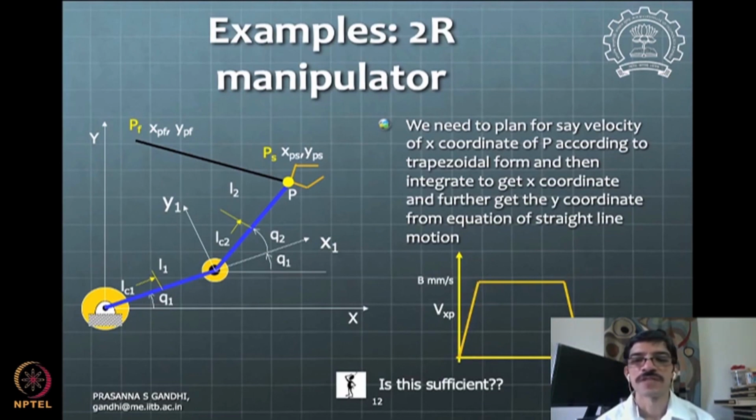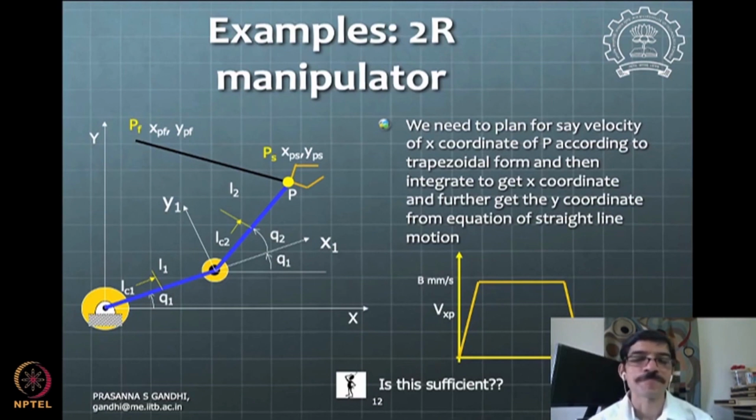Say t is 5 seconds; in 5 seconds I want to go via this kind of velocity profile, under the constraint that this is a time t1, and the total time from here to here is t1, so that you are accelerating and decelerating in the same time.